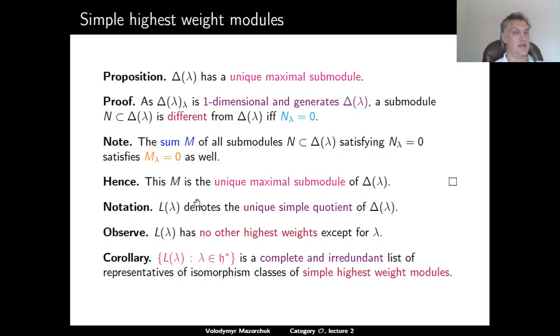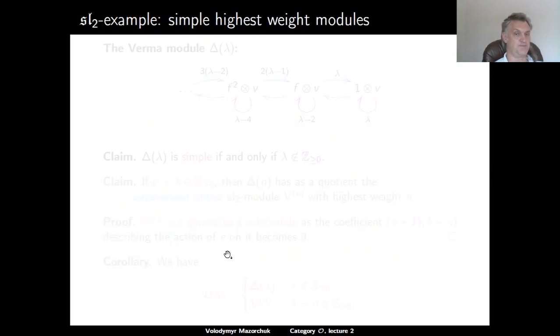A corollary from that is the set of modules L_lambda, where lambda is an element from the dual space to the Cartan subalgebra, is a complete and irredundant list of representatives of isomorphism classes of simple highest weight modules. On the previous slide, we saw that each simple highest weight module with highest weight lambda should be a quotient of delta lambda, and here we see that such a quotient is unique. So the list of all L_lambda is exactly the list of all simple highest weight modules.